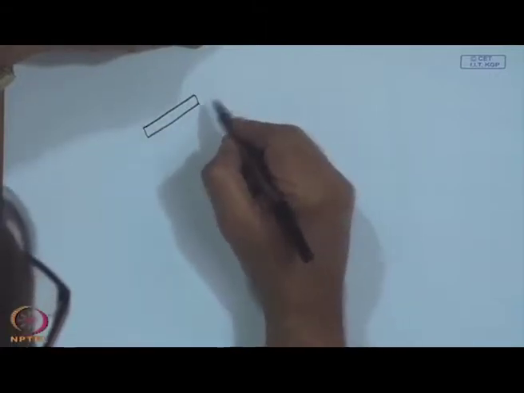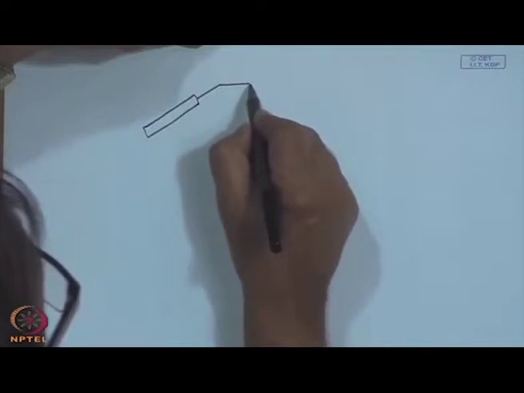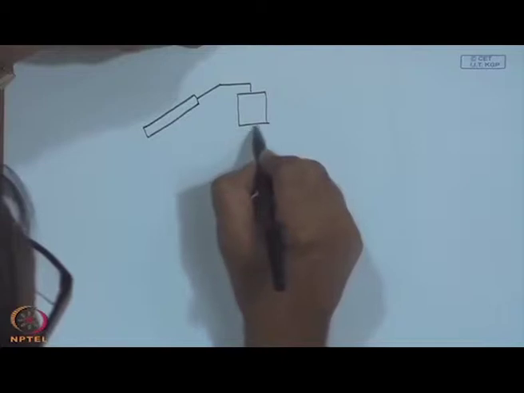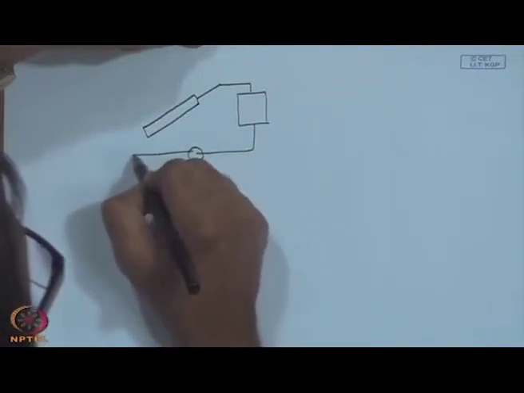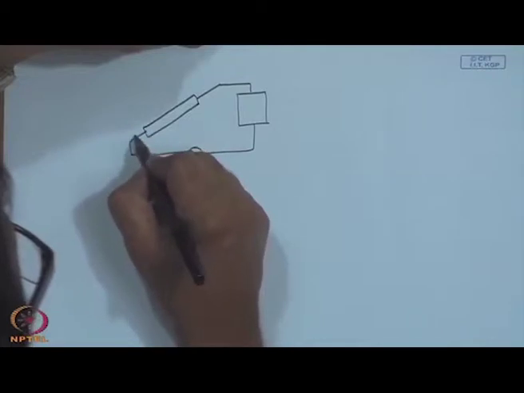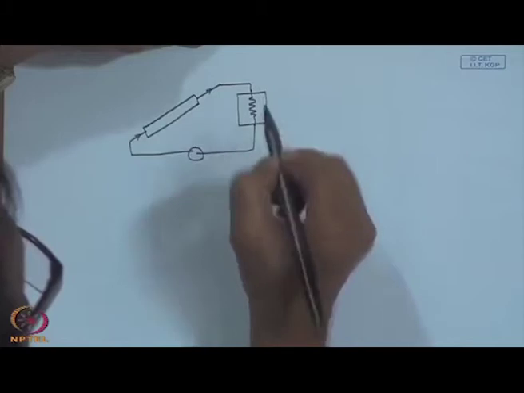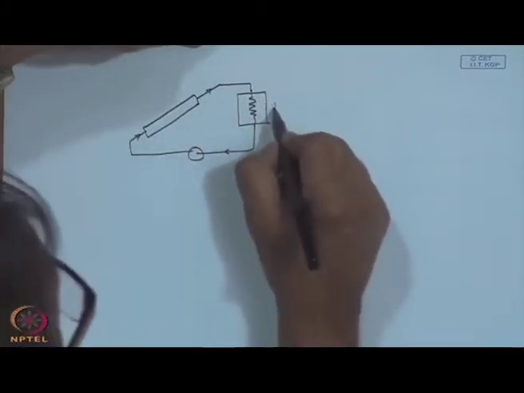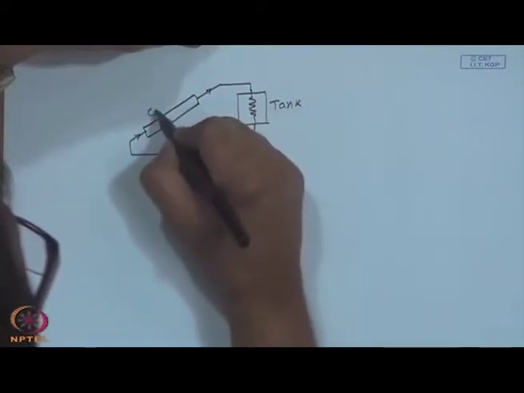Now, the other thing, when we talk about a single collector in a classroom type of situation, it may be going here to a tank, and it may be recirculated through a pump through this. We can say here is sort of a heat exchanger. Very simplified system diagram. This is the collector.